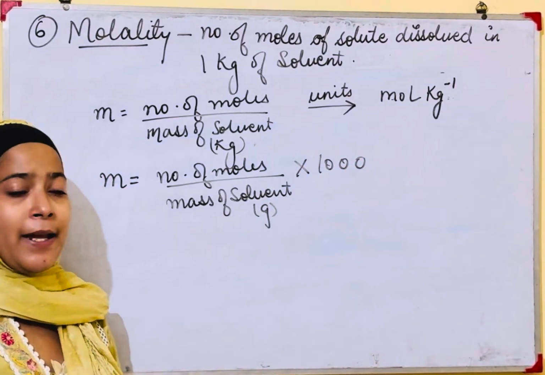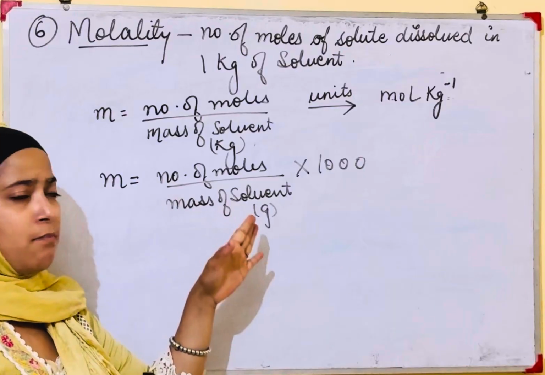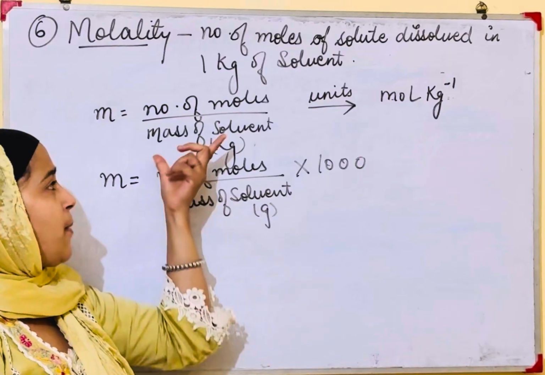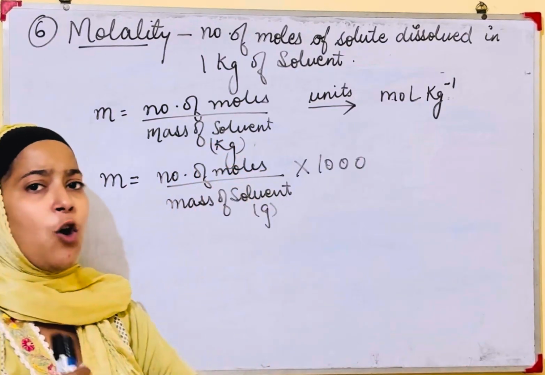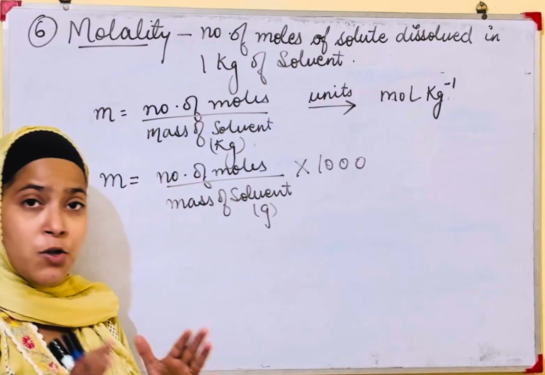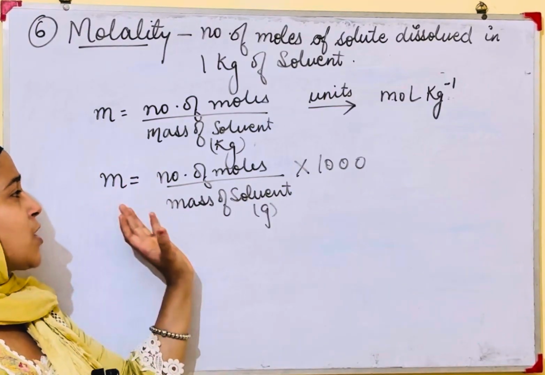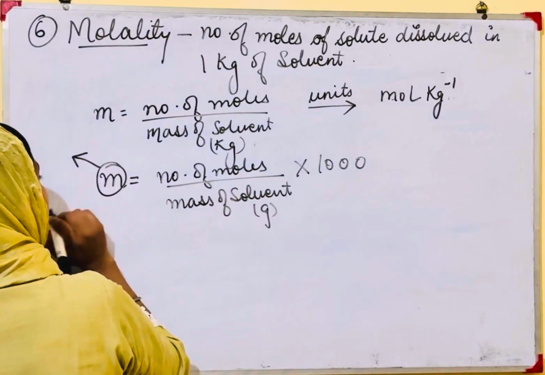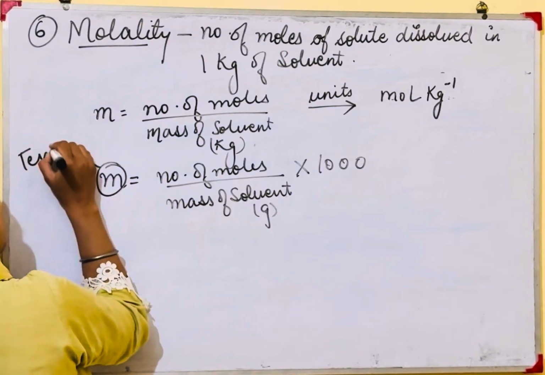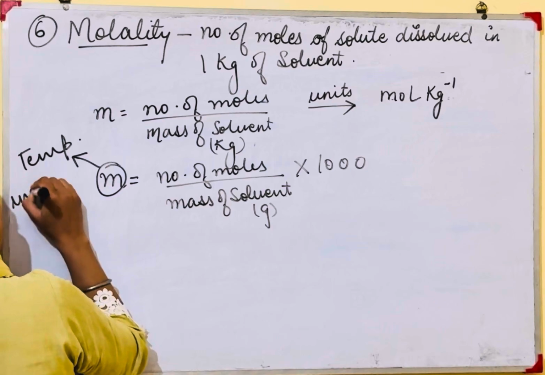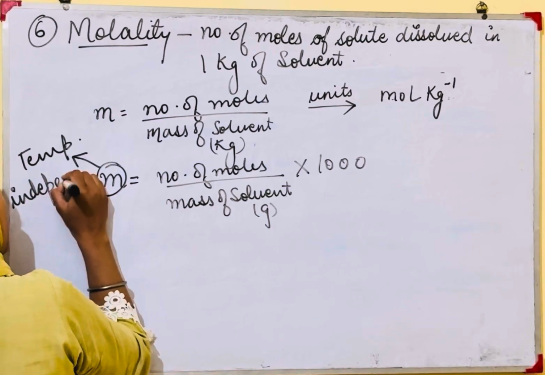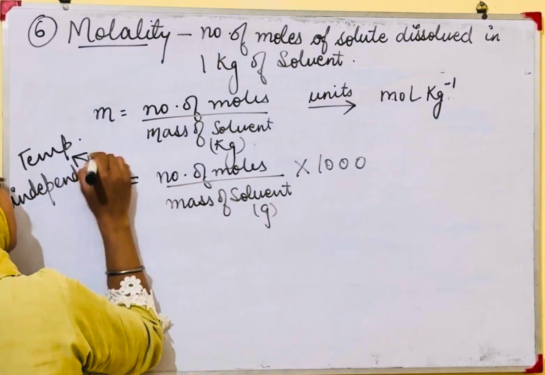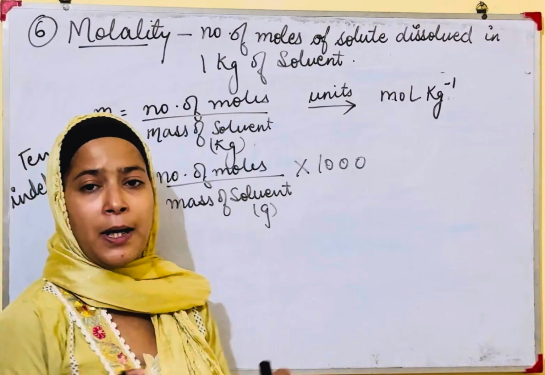This is molality. As this molality is independent of volume, it depends on mass. Mass will not change with the temperature. So due to this reason, molality is a better term than molarity and normality because it is temperature independent. It will not depend on temperature.